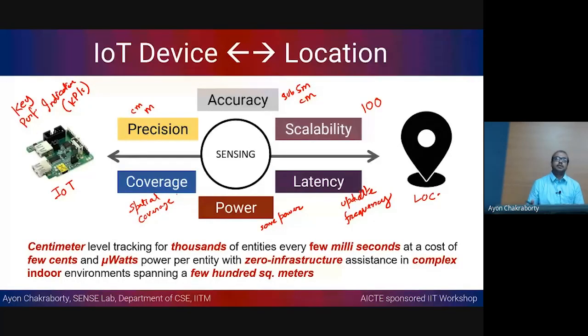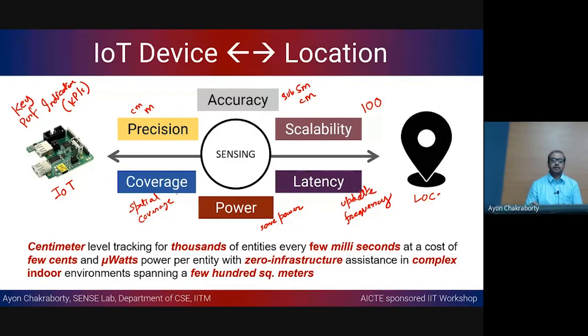Or you want to concentrate on a small indoor scenario where the coverage is less, we don't need to scale it up, maybe tens of devices are fine, but I want centimeter level accuracy and an update rate of a few hundred milliseconds. In those cases we have to adjust the right tuning knobs.